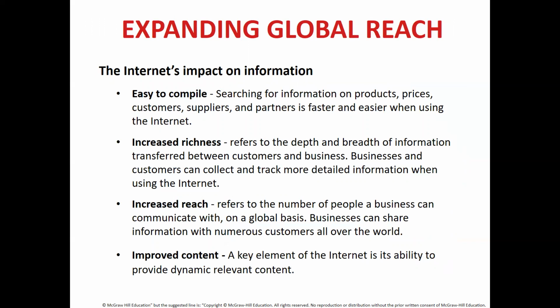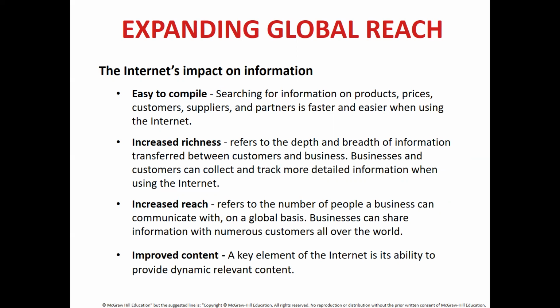Easy to compile. Searching for information on products, prices, customers, suppliers, and partners is faster and easier when using the internet. Increased richness refers to the depth and breadth of information transferred between customers and business. Businesses and customers can collect and track more detailed information when using the internet.